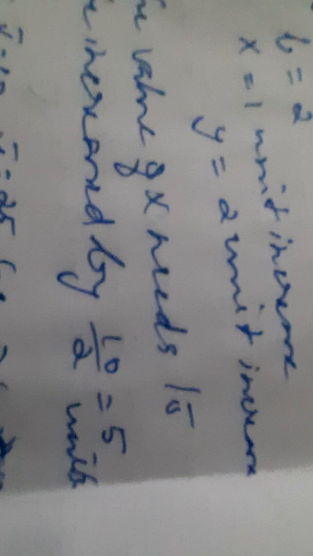We know the ratio, x is equal to 1 and y is equal to 2. When y is equal to 10, what is x? 10 by 2. So we will get the answer as 5. So the value of x needs to be increased by 10 by 2, that is 5 units. That's the answer for this question.